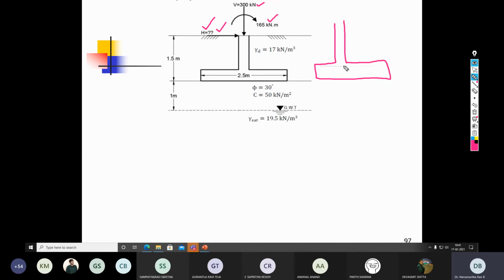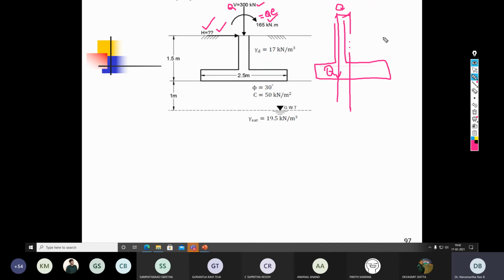This is the center line, and this is the eccentricity, and this is Q. If you draw the free body diagram of the right side diagram, it can be written as Q, whereas the moment is nothing but Q multiplied by E. So both are the same.